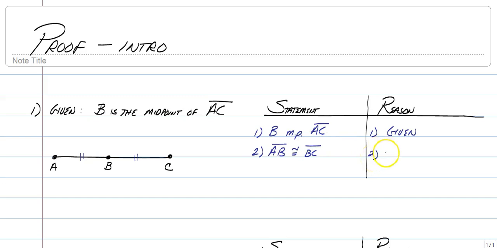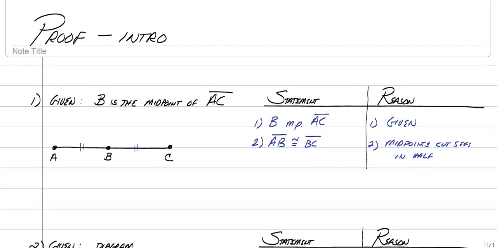And your reason would be something along the lines of midpoints cut segments in half. Or midpoints cut segments into two congruent parts. There's a whole bunch of different ways you can phrase it. You can use an if-then if you would like: if B is a midpoint, then it cuts a segment in half.